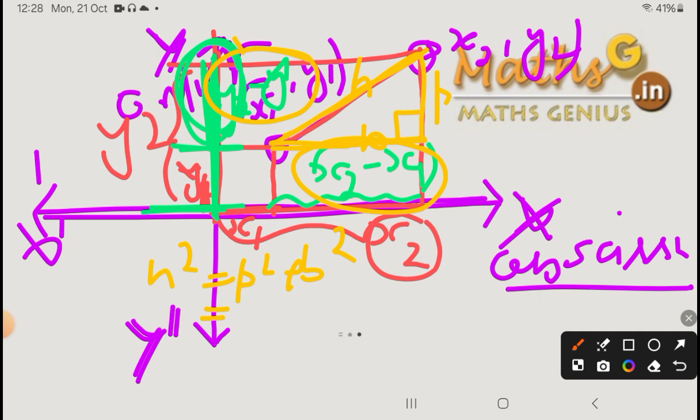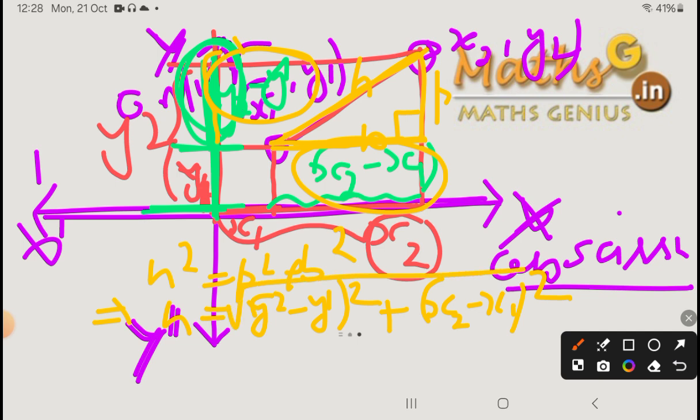And here p is y2 minus y1, so we get the square of that one. Clear? Plus b square. b is x2 minus x1, whole square. So that implies h is how much?